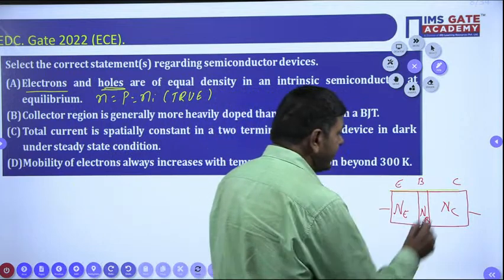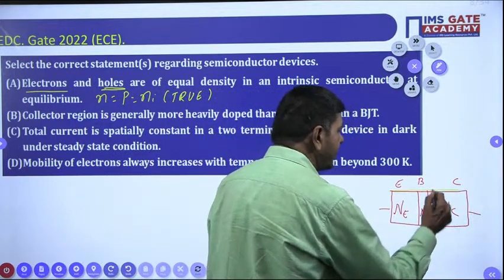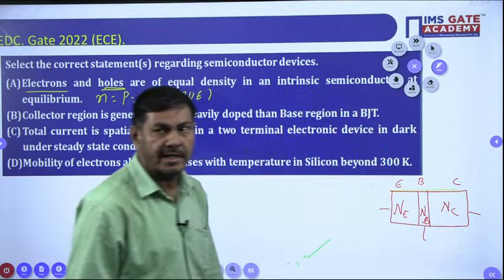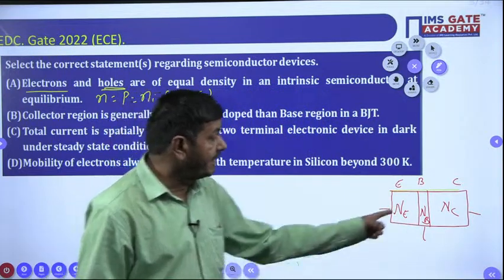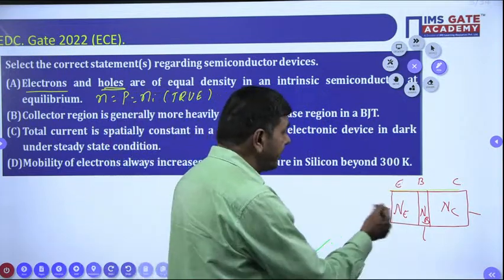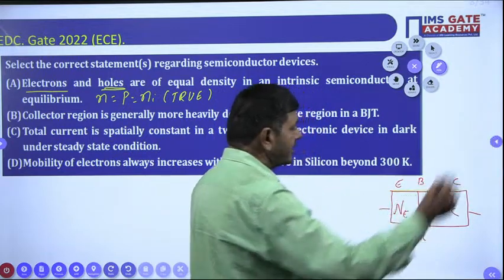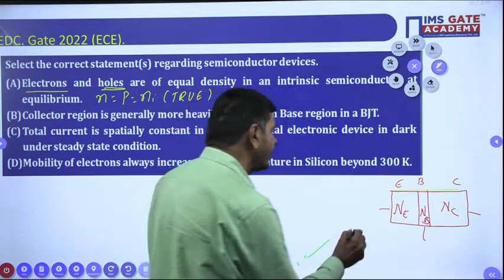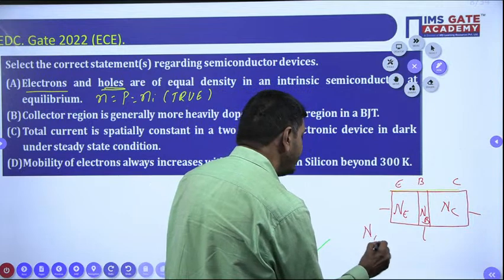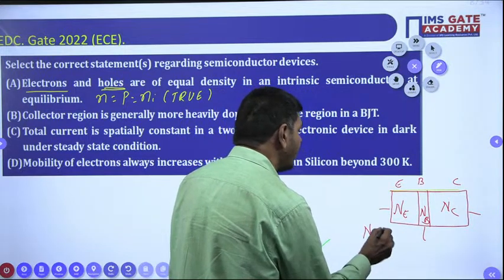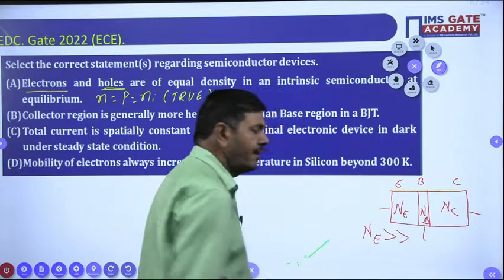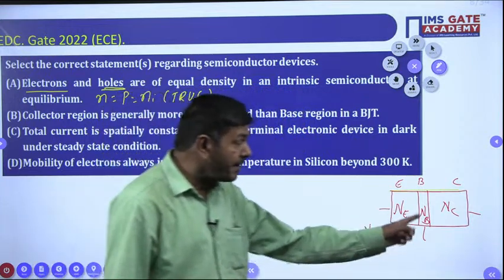But you cannot say that if the length is more, then the concentration is more. It's not acceptable, 100%. The emitter concentration, because from the emitter you are going to send the carriers, that's why Ne is always very large. Emitter concentration is very, very large as compared to the base.